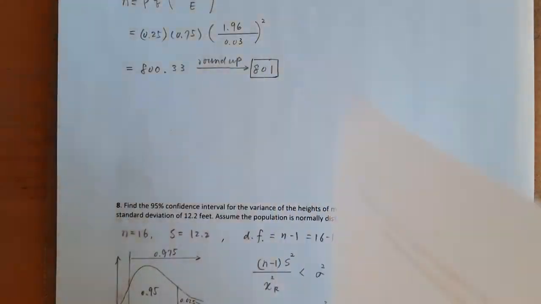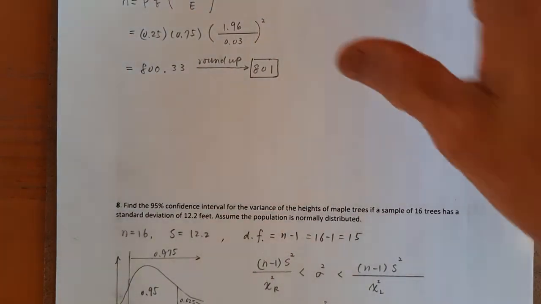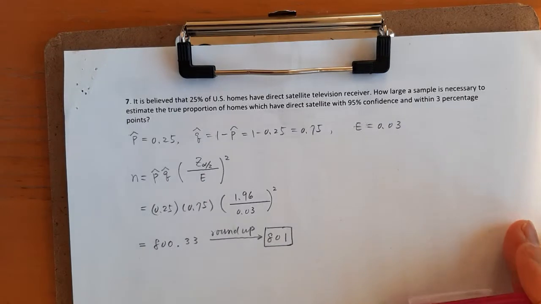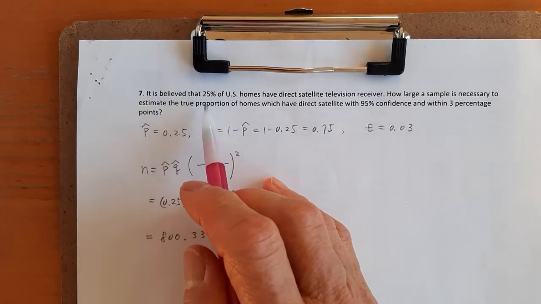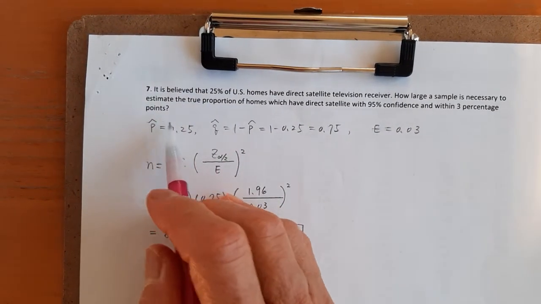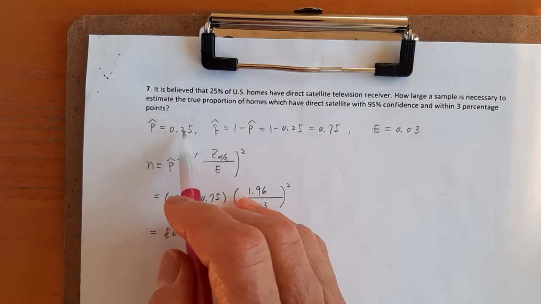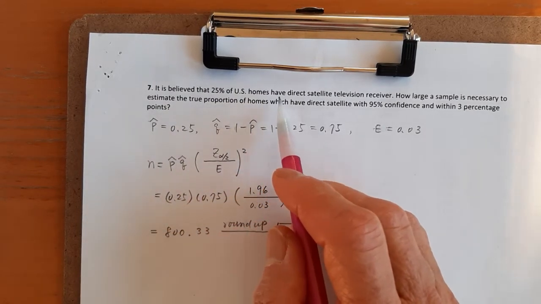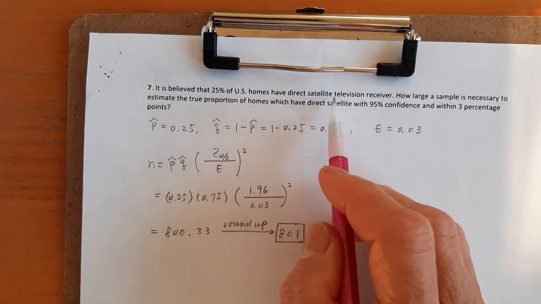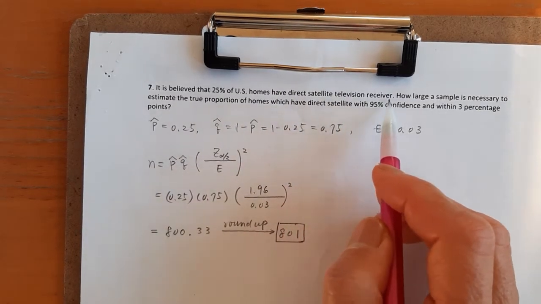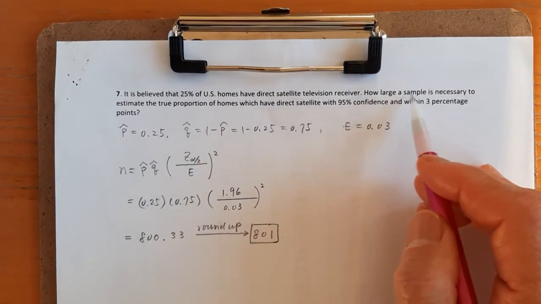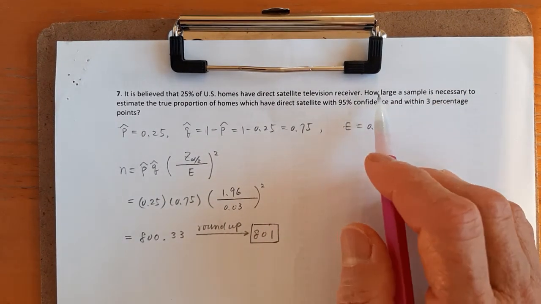Then the next question, question 7. It is believed that 25% of U.S. homes have a direct satellite television receiver, so p hat is 0.25.